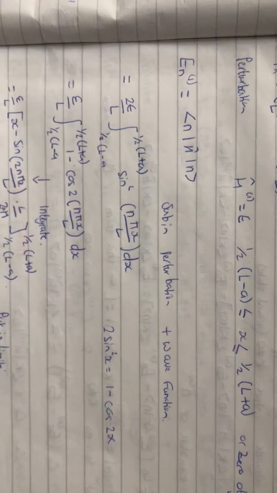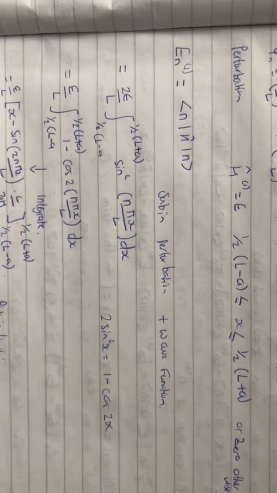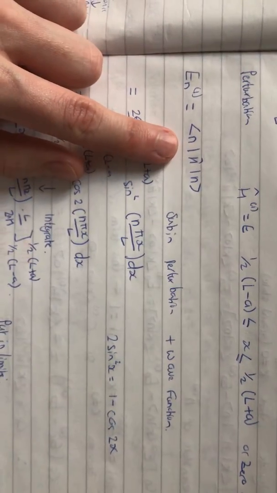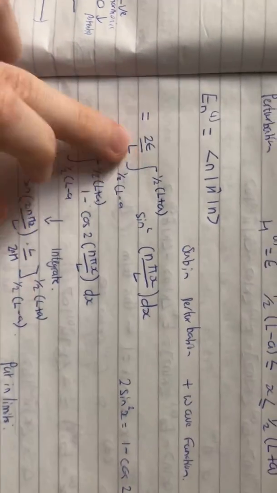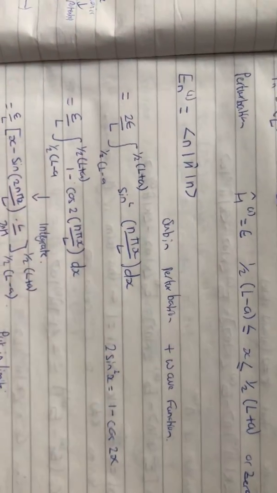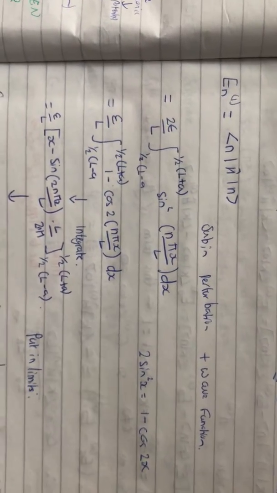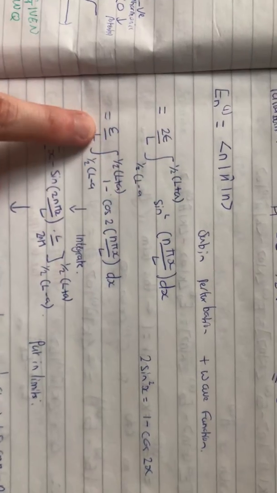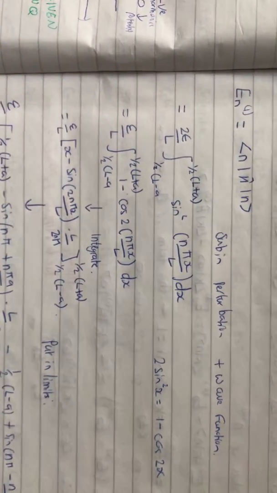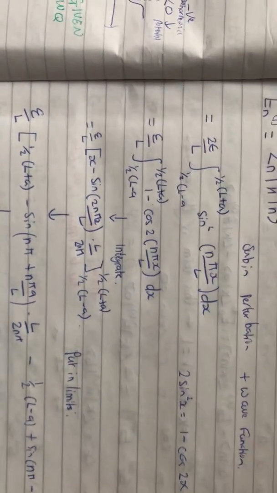And as you can see here, we know this from before. If we sub the perturbation into the wave function, we can get this. Use this relation again to say that 2 sine squared x equals 1 minus cos 2x, and we can take out the factor of 2, which removes this from the outside there.